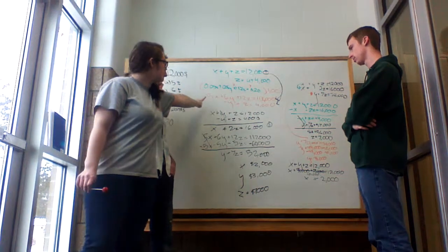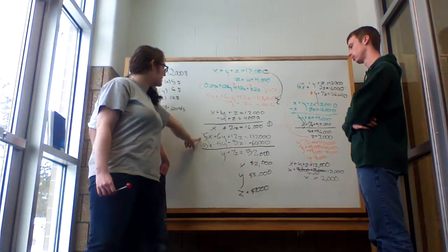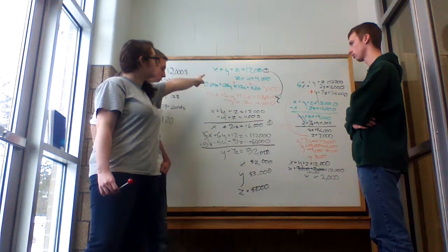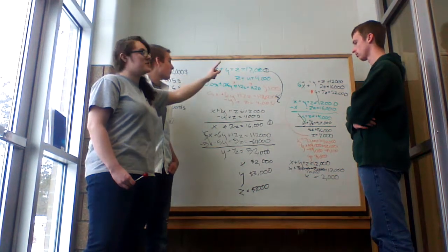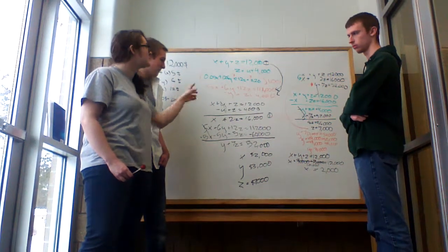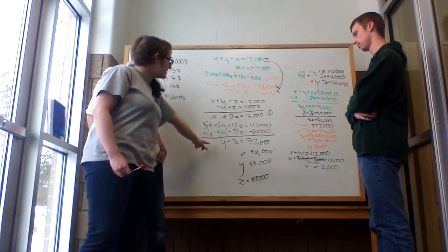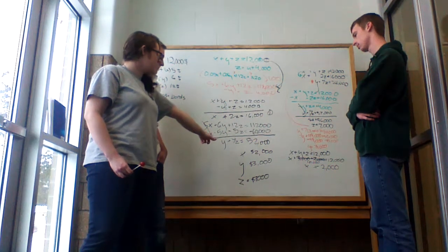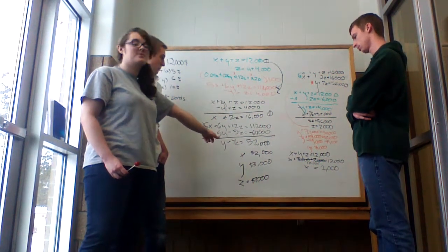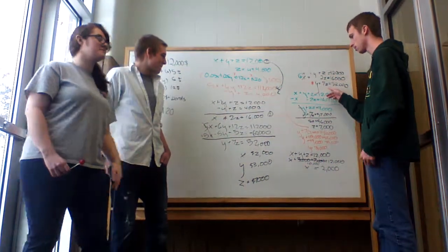Then we will take the other equation that we multiplied by 100, we will put it down here, and then we are going to add together the top equation, but we need to have one coefficient that's the same. So we multiply the top equation by -5, and we combine those to get y plus 7z equals 52,000. That's our new third equation, and it's under the second one over there.